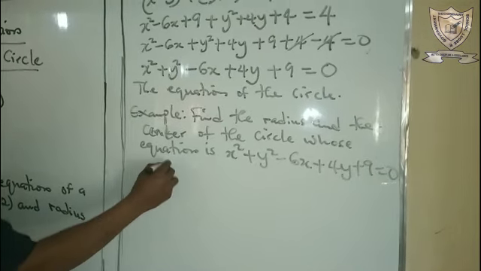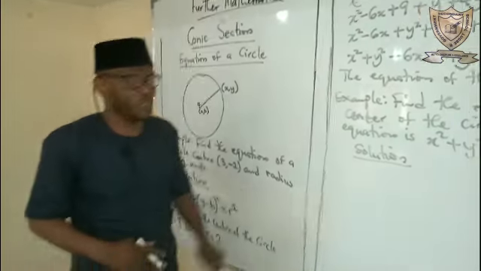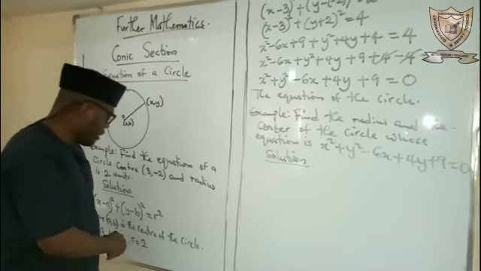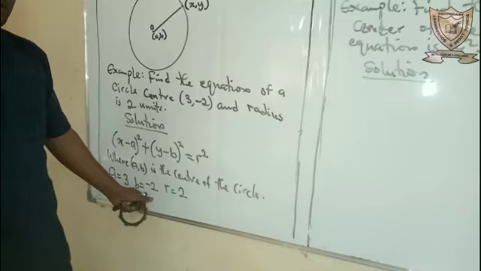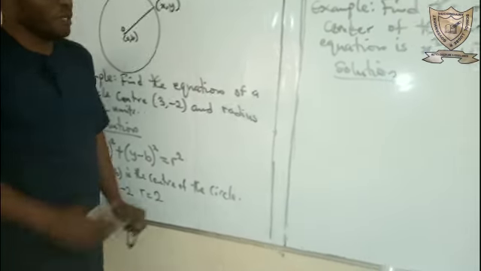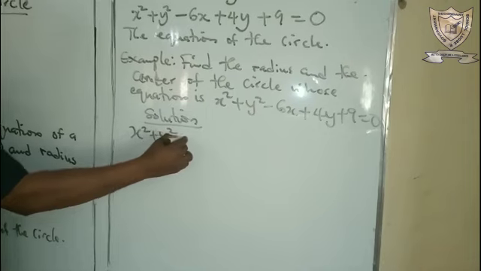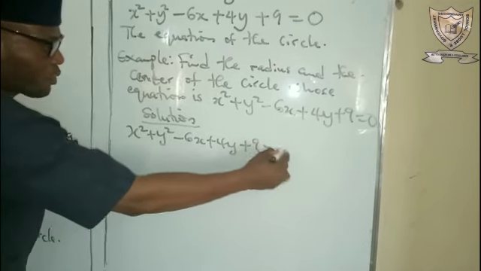Solution to that: we are only going to reverse it, and we are going to get the values 3, minus 2 and 2. Let's go. x squared plus y squared minus 6x plus 4y plus 9 equals 0.